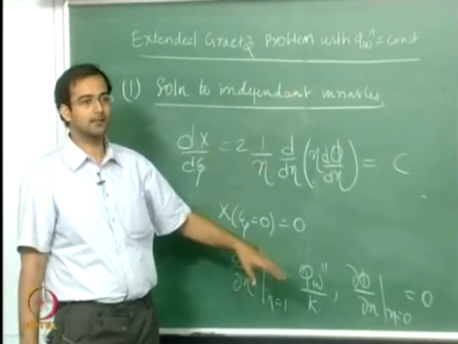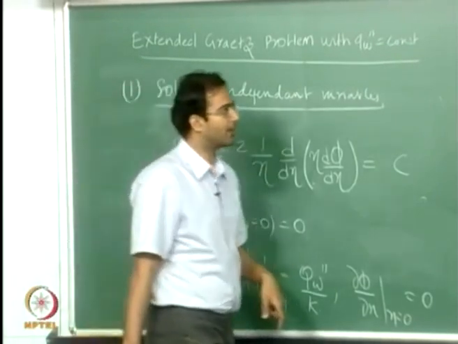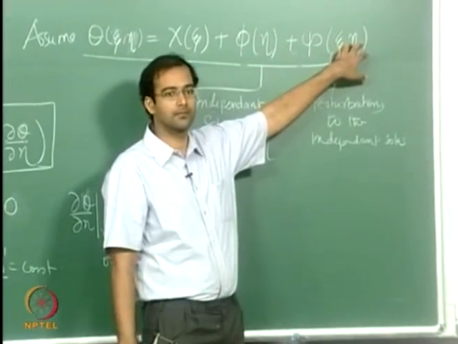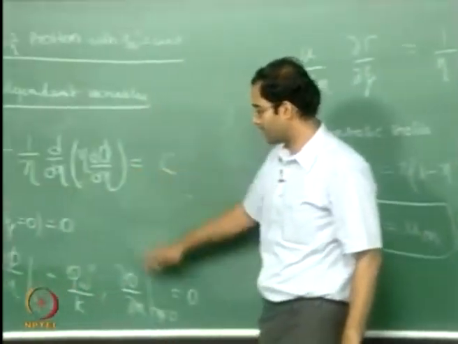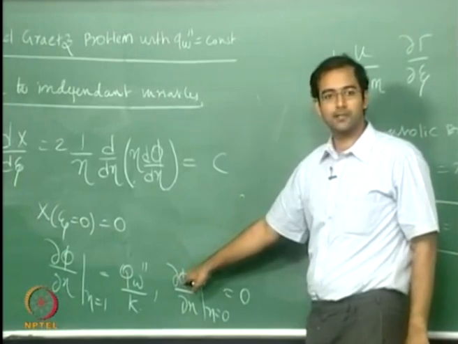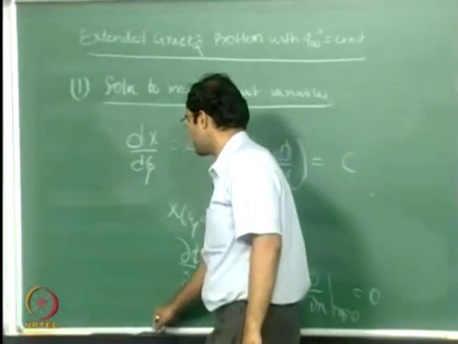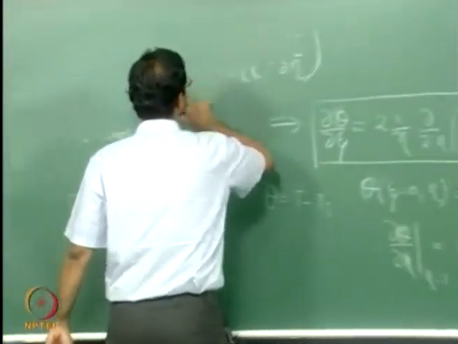So once the non-homogeneous boundary condition goes to this, the remaining part, which is the perturbation, will have a homogeneous boundary condition. Okay, because once I have found the solutions to the independent variables, the solution with respect to phi will take the non-homogeneous boundary condition. Now therefore the second part will be the solution to the perturbation.